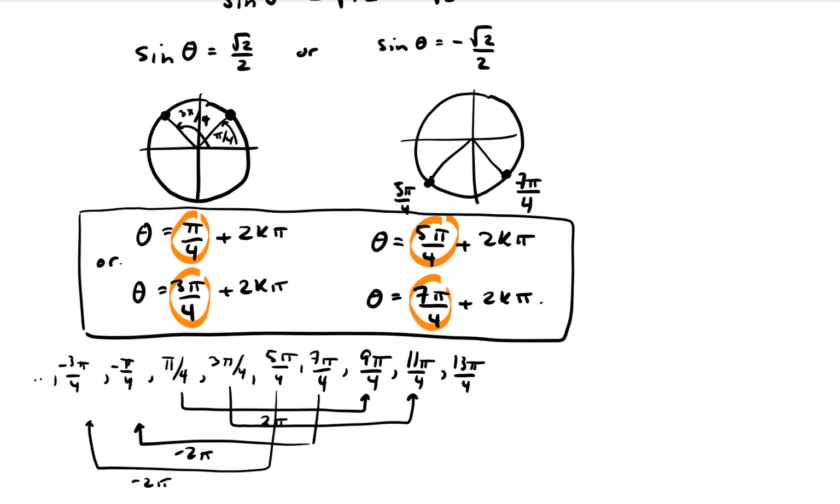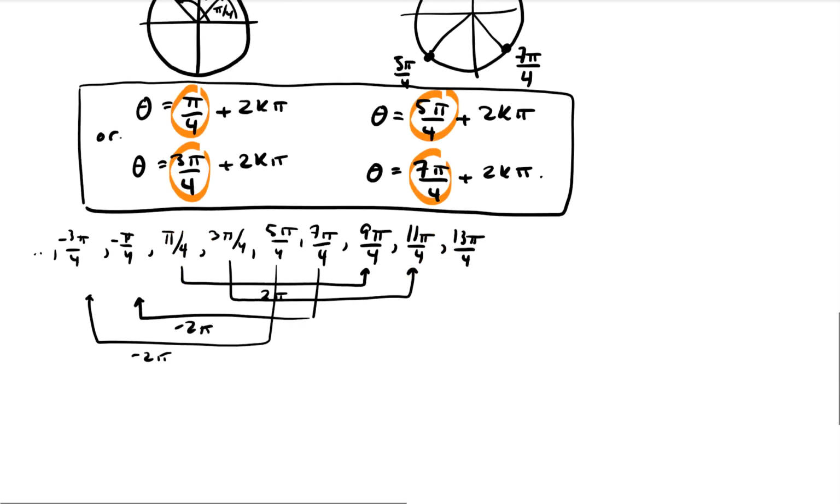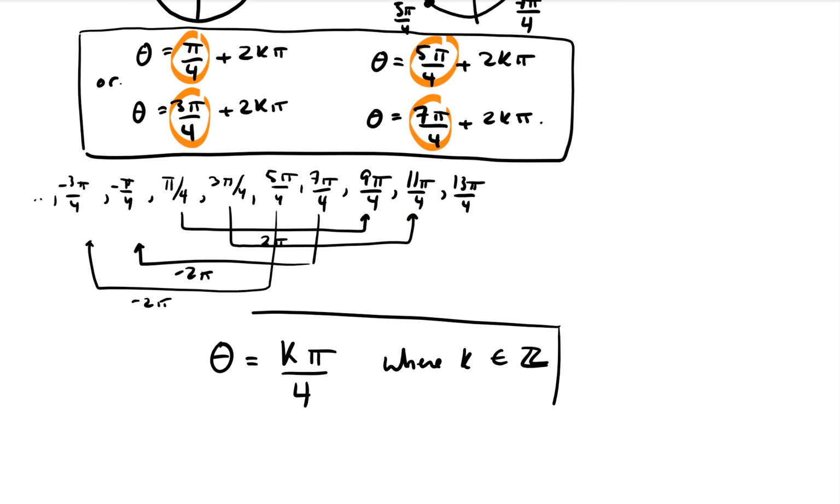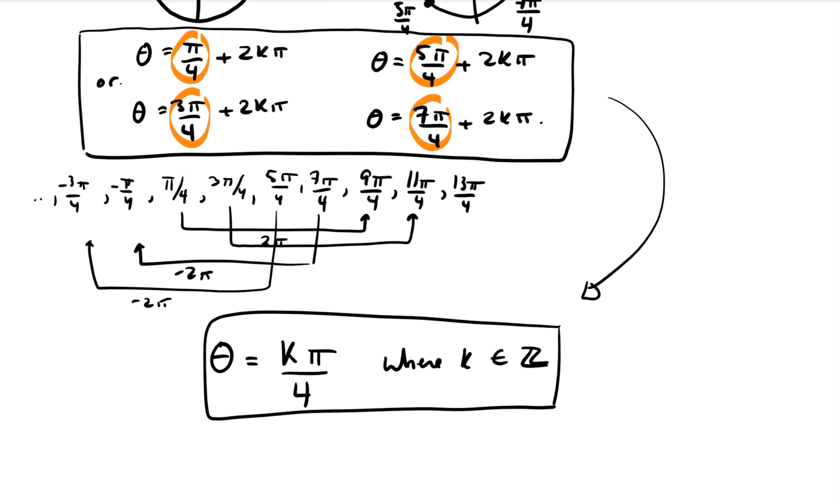So I really get all the odd multiples, including negative ones, of pi over 4. So the answer could actually be written like this: theta is just k pi over 4, where k is any integer. And this regroups them all. It's kind of nice to see that this can be written in one single equation.